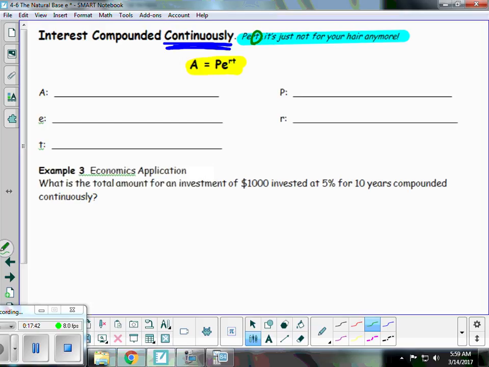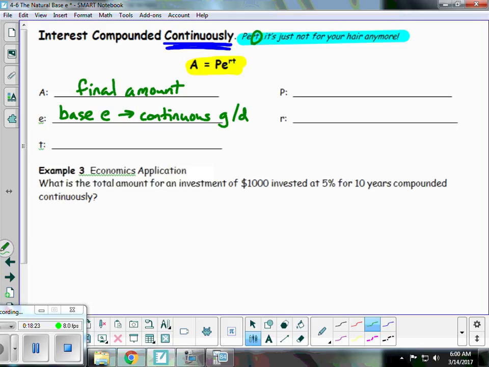So let's talk about all the different parts of this formula. A is the final amount that you're going to end with. e is our base e. It basically tells us that this is continuous growth or decay. So I'll say continuous G/D since I'm running out of space, so growth or decay.